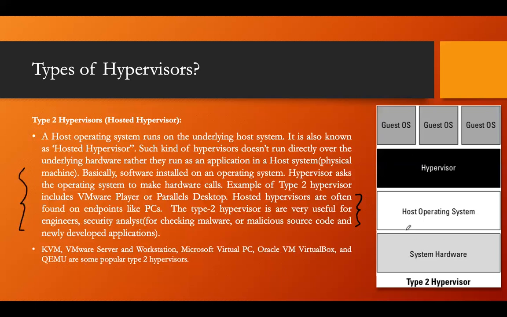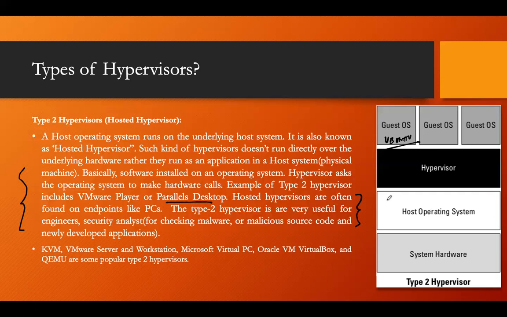Let's say I use it like this. I have this hardware, developed by Apple, and I have this host operating system, which is the Mac operating system by Apple. I'll use the Parallels Desktop hypervisor here. This Parallels Desktop hypervisor is creating a guest operating system, which is Ubuntu. So I have this Ubuntu in my operating system.